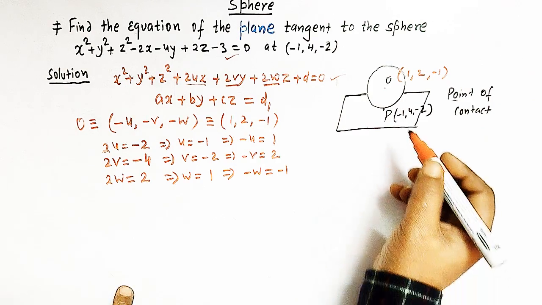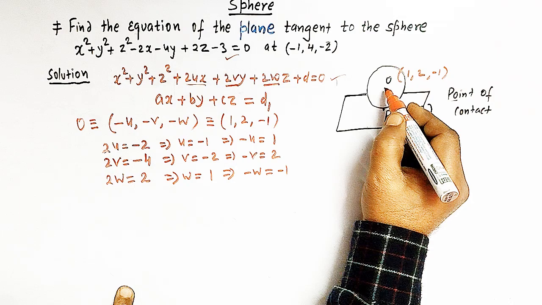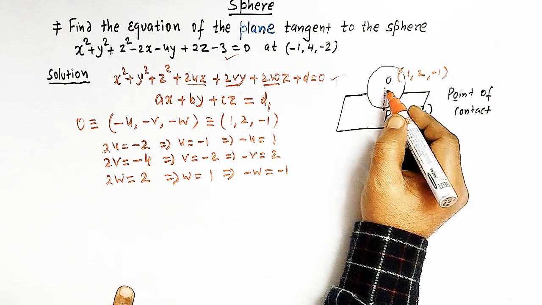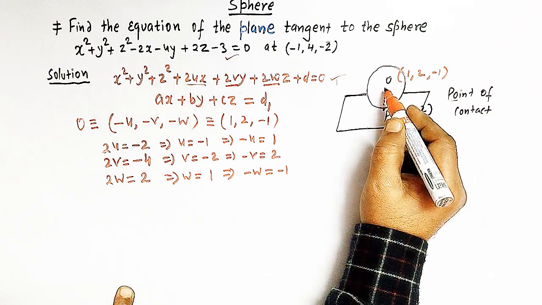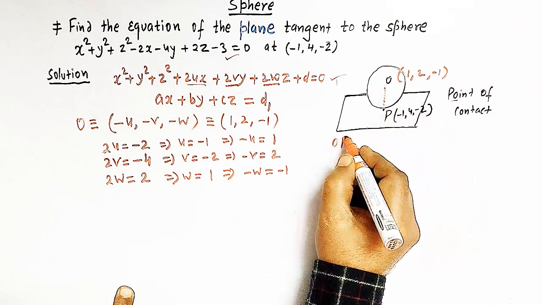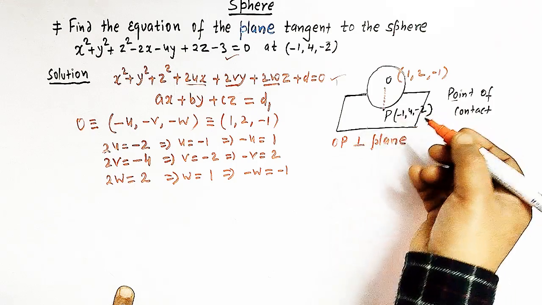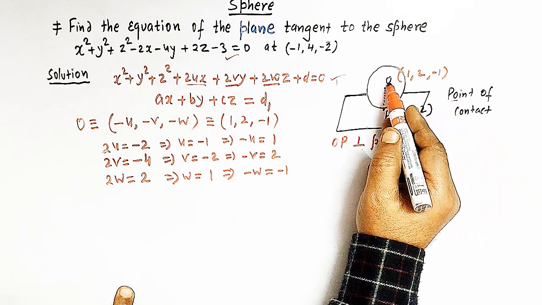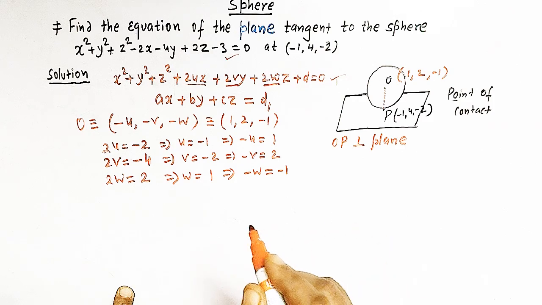So now the next step is to join the point O and the point P, right? So when we join this point O and this point P, then OP is perpendicular to the plane, right? Or the tangent plane. And here O is the center of the sphere and P is the point of contact, right?